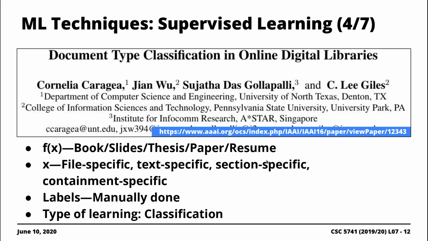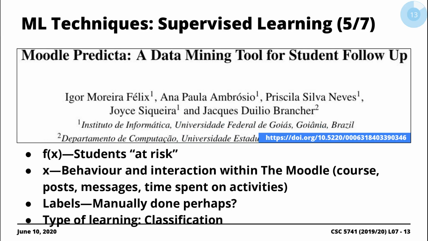If it's a paper, that paper could be peer reviewed. Obviously, slides likely not to be peer reviewed, right? So that would be a multi-label classification problem. But fundamentally, these are all supervised machine learning techniques, really, right?